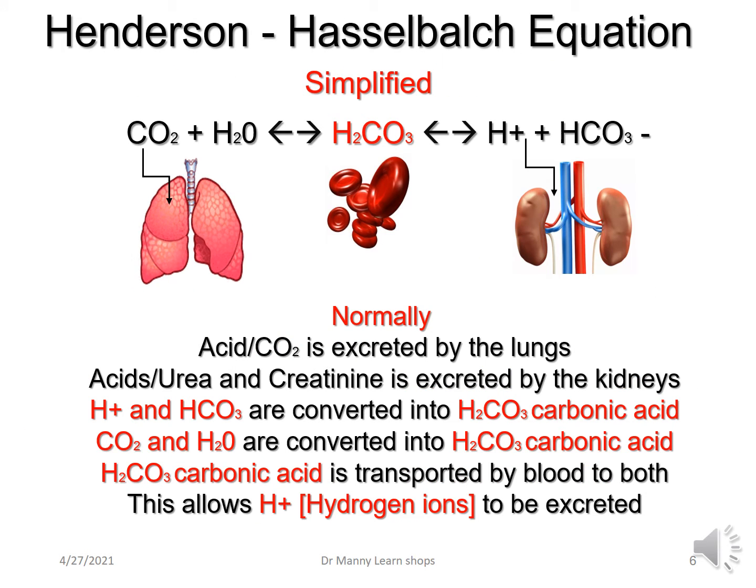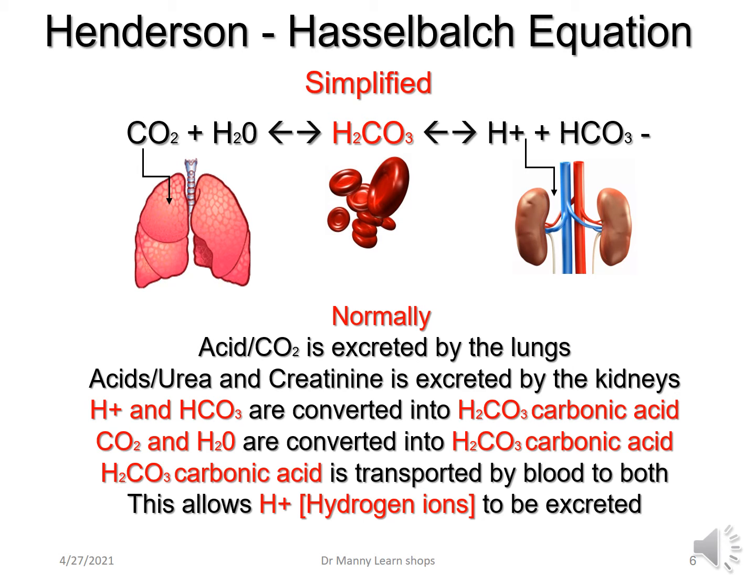This is a modified version of the Henderson-Hasselbalch equation. It's simplified. As you can see, the lungs excrete CO2. The kidneys excrete hydrogen ions and bicarbonate ions. So, in the centre you've got the blood transporting carbonic acid.